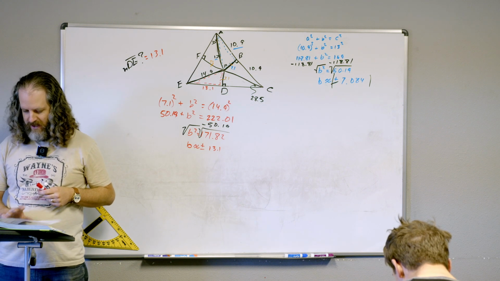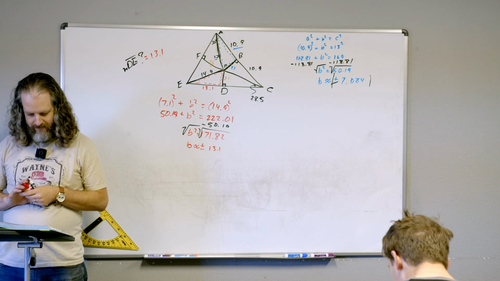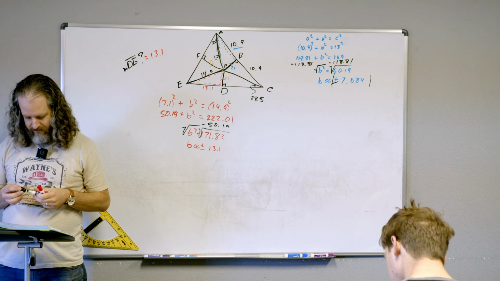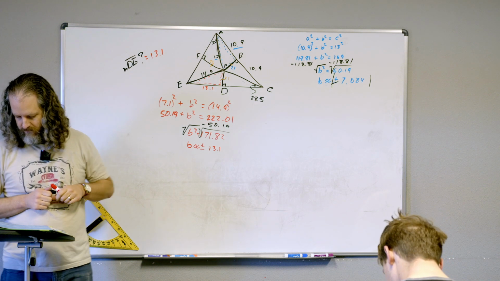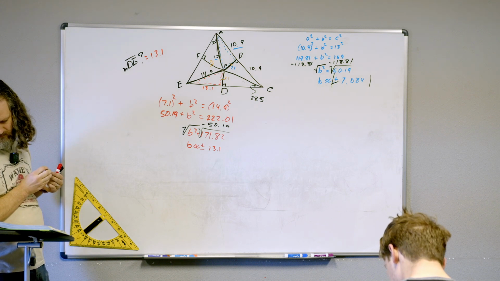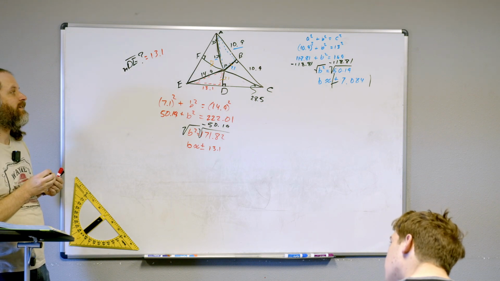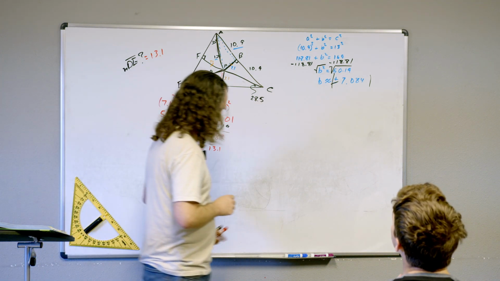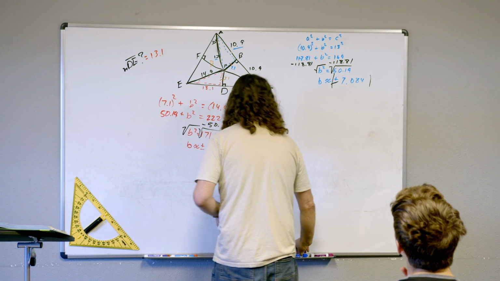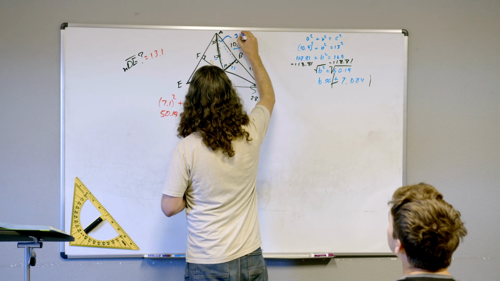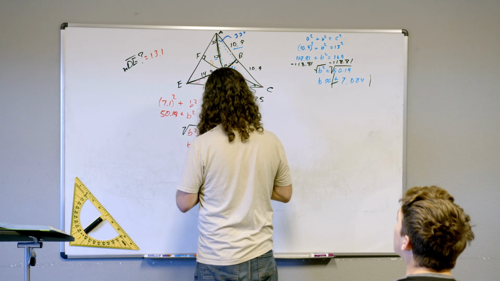What about the last number, 30? So we're looking for the angle DEP. Is it 28.5? It's not. That's the difficult one. We just found, let me label this, that this is 33 degrees.